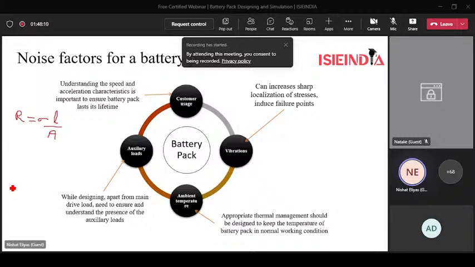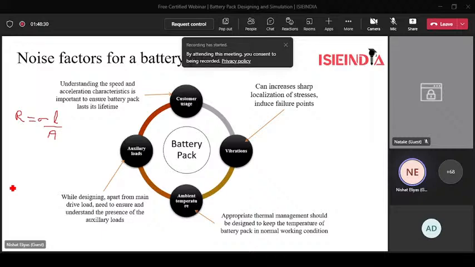There may be a case where we suddenly accelerate the vehicle from zero, and within 2 seconds we try to draw the maximum power from our battery. What happens in that case? There may be chances that there will be a failure inside the battery as well.